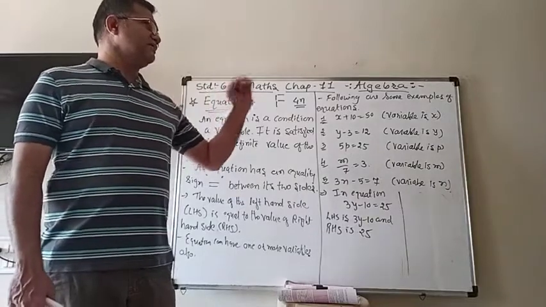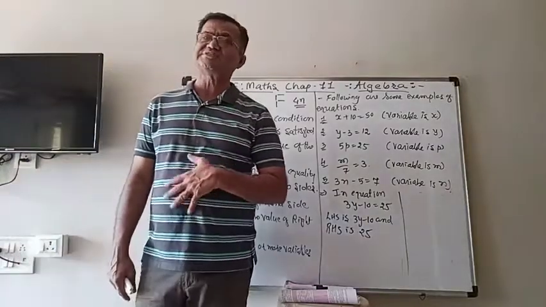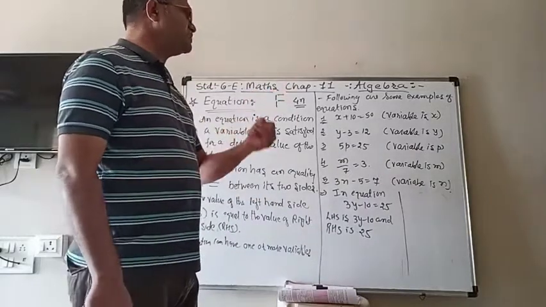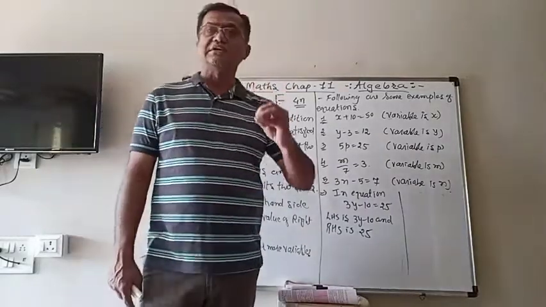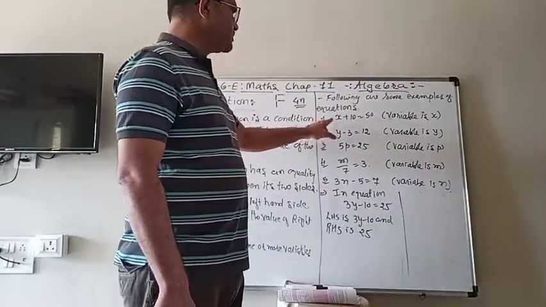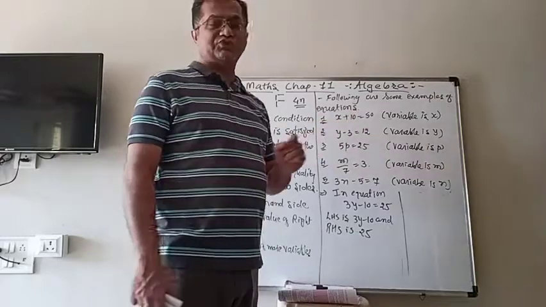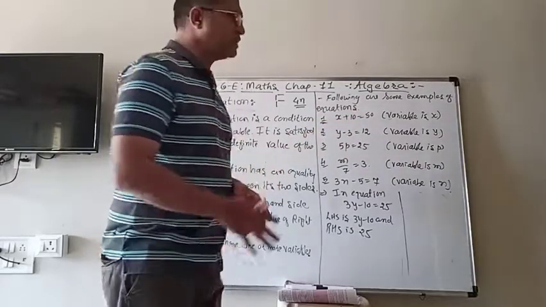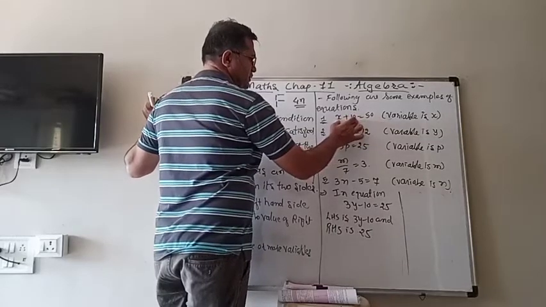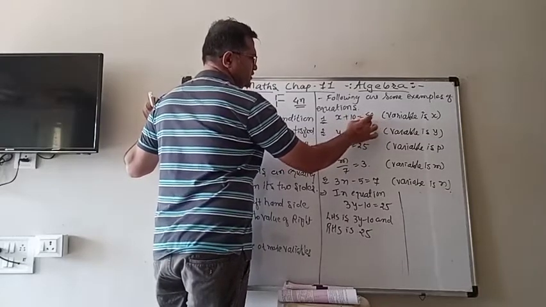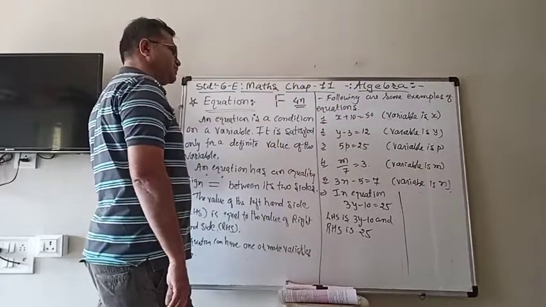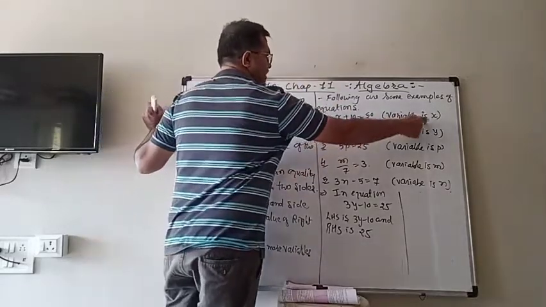Now some examples of equations are given, with the variable used also given in the bracket. The first example is x plus 10 equals 50. Here you can see that it has two sides with the equality sign between them. So we can say it is an equation in which the variable is x.